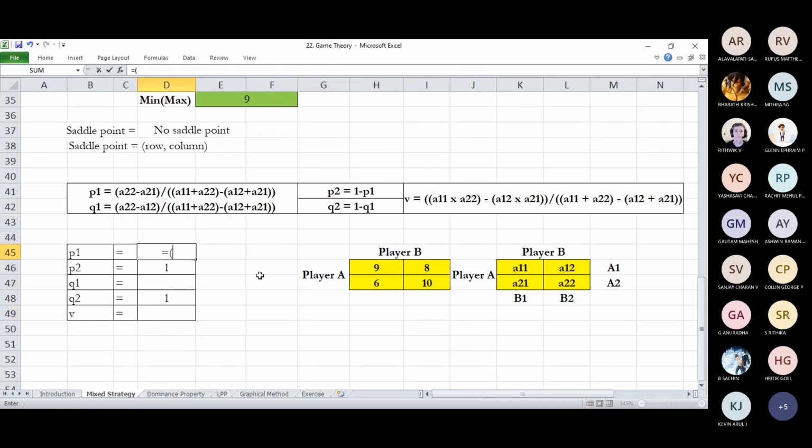Numerator is A22, which is this, minus A21, divided by denominator is A11, which is this, plus A22, which is this, minus A12, which is this, plus A12, I mean A21.